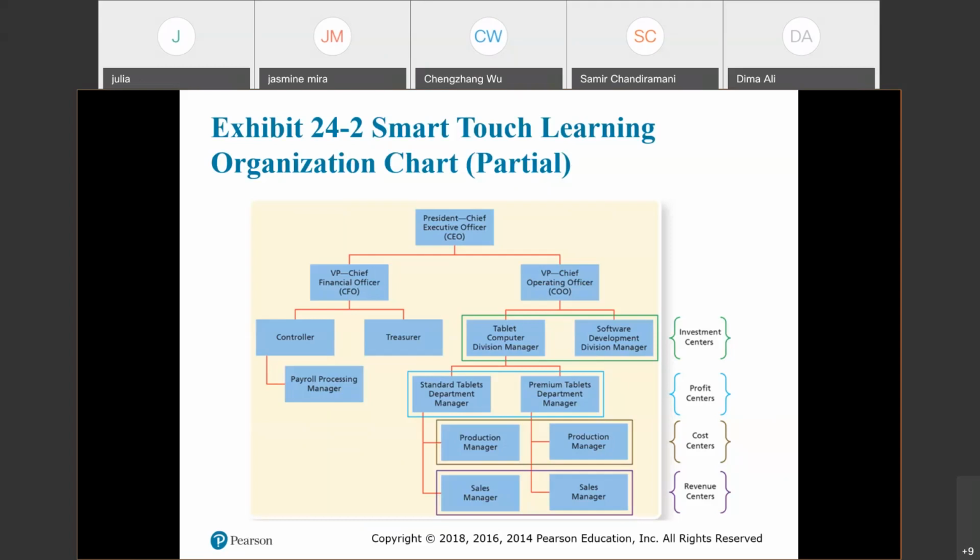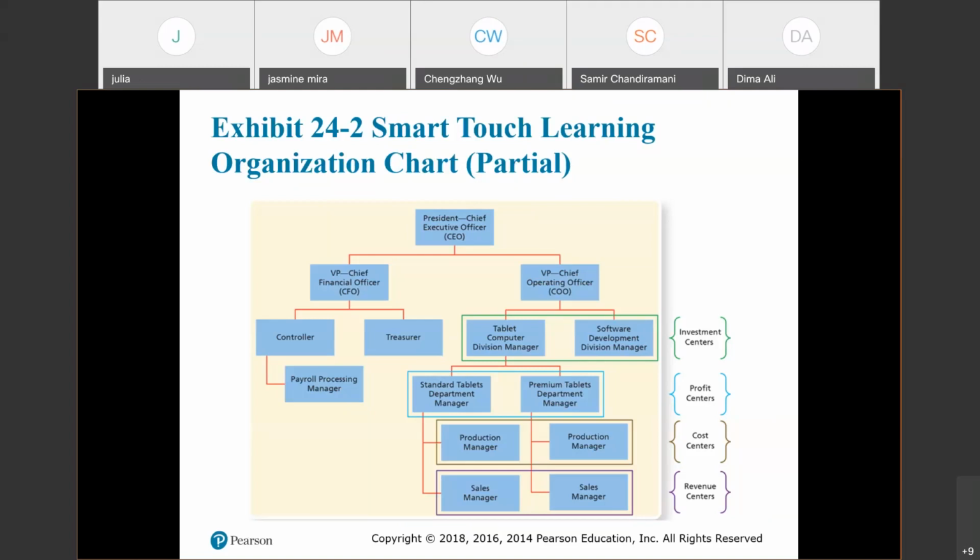Division managers generally have broad responsibility, including deciding how to use assets to maximize return on investment. Well, most companies classify divisions as investment centers. Each division manager supervises all the activities in that division.